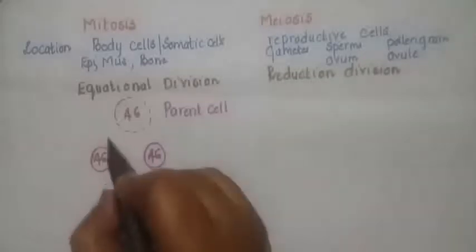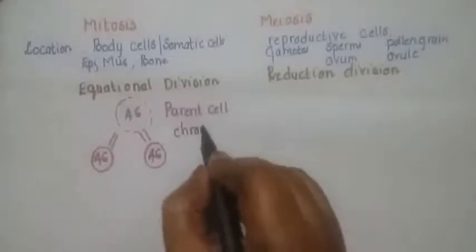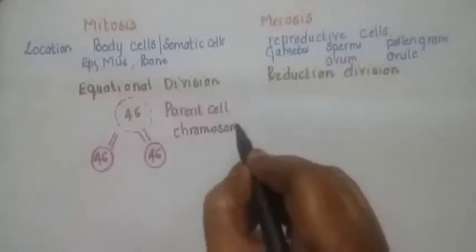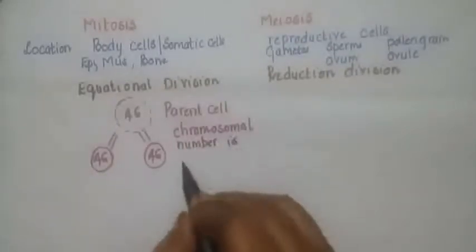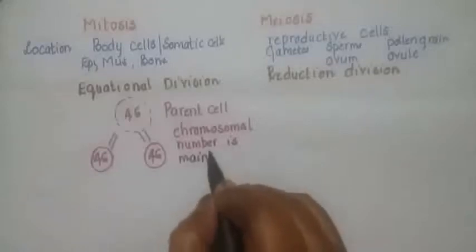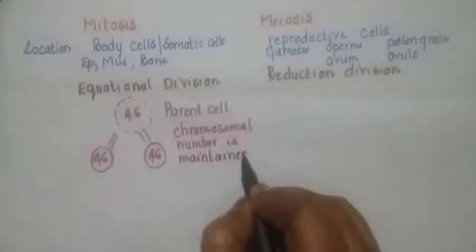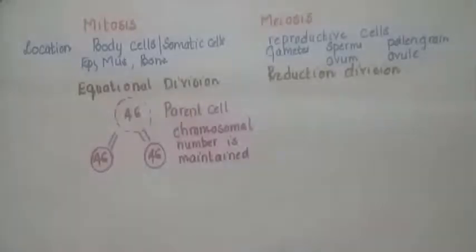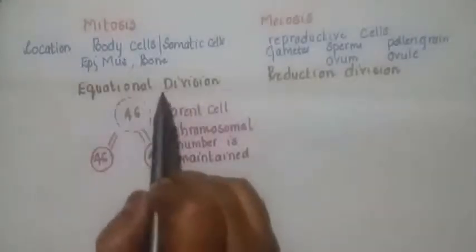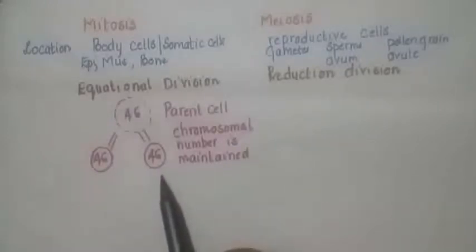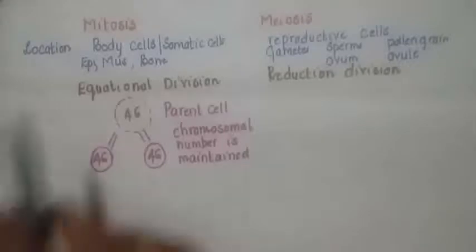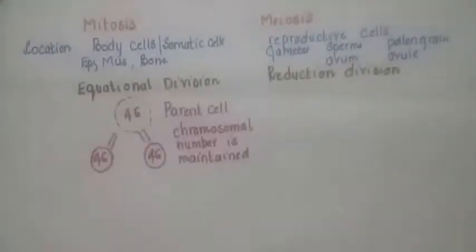So it means the chromosomal number is maintained. It is the same as the parent cell. Right? So you can see here, we call this division an equational division because the same number of chromosomes are found even in the new cells which are produced after the mitotic division.